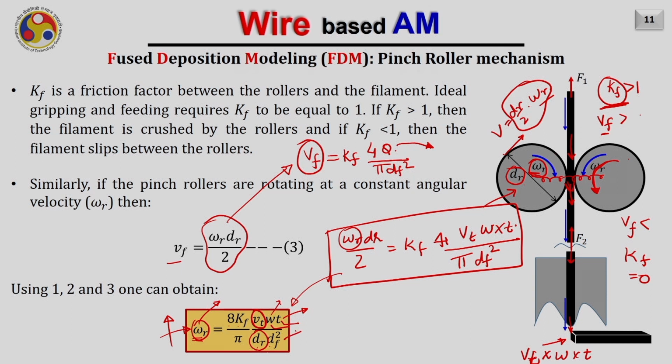It can also be seen that if the diameter of the wire is reducing, again to maintain the same values of Wt and Vt, you need to increase the value of omega r. So, I now have many controls in my hand when I am feeding these wires into the liquefier. By just controlling the value of omega r, I can control several other parameters.